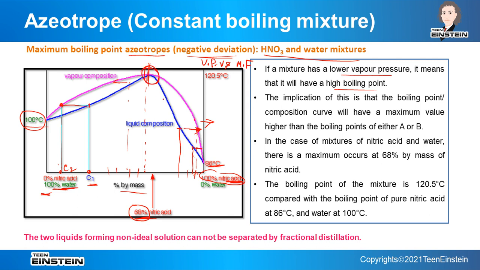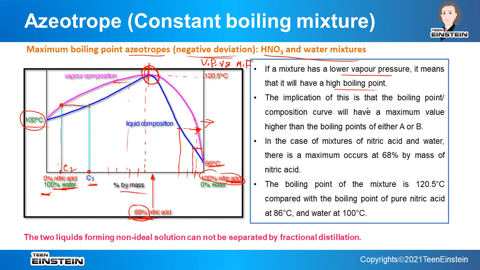So it will form a liquid that is a mixture of nitric acid and water, which is 68%. It will behave as if it is a new liquid having boiling point that is 120.5 degrees centigrade.